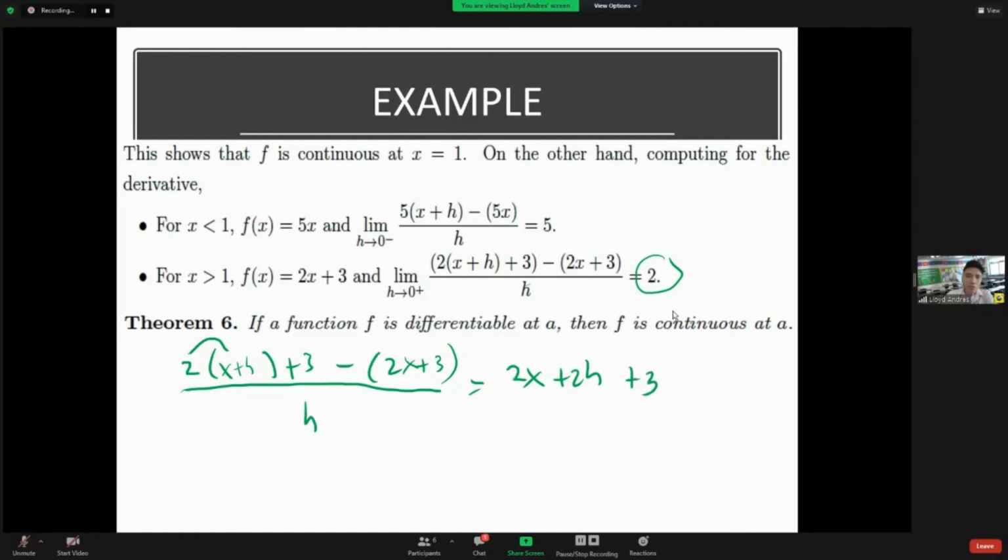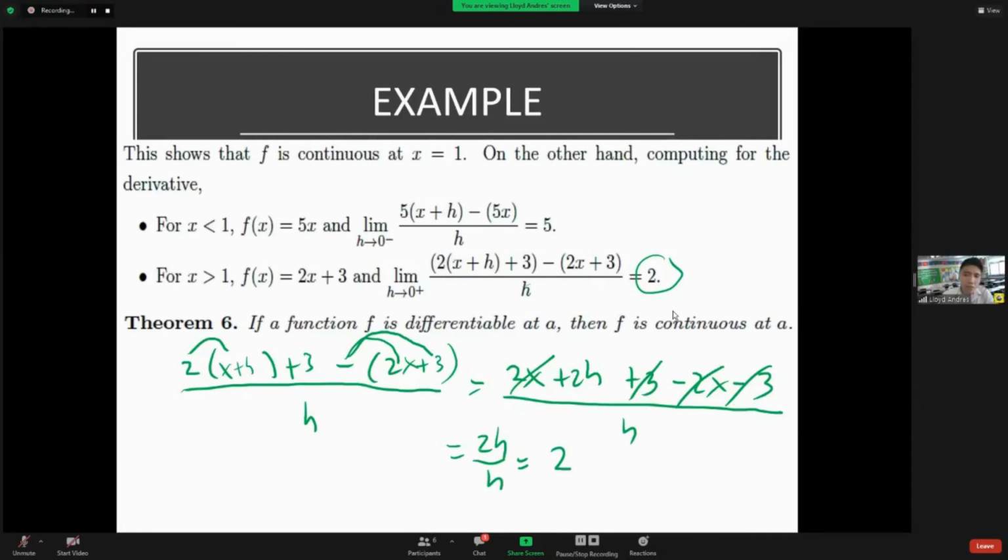Tapos distribute na to ang negative. Negative 2x minus 3. Minus 3 again because negative times positive. All over h. So, simplifying, 2x og negative 2x makancel. Si 3 og negative 3 makancel. Ang nabilin, 2h na lang over h. Kaya nahimo siya 2. Morning na ay 2 na karon. So, I hope naka-follow.